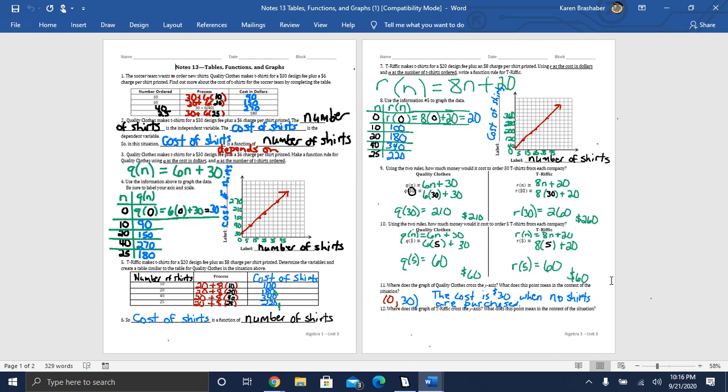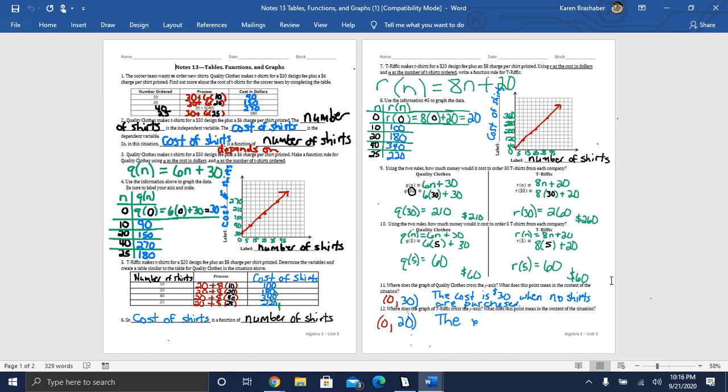And then for Terrific, when your number of shirts was 0, we plugged that in. That's at the top of this page. Your initial cost, or your beginning cost, was 20. And so we need to make a sentence for that.